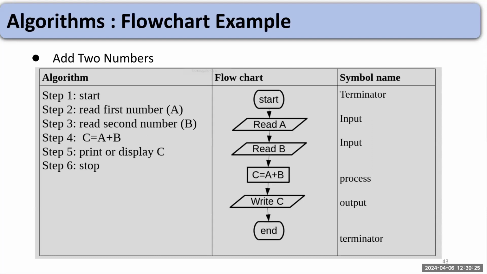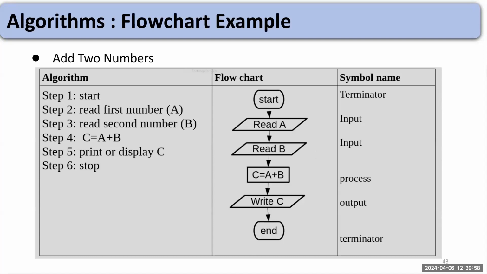Here, because of A plus B, we can input only numbers. Read B. B is another number. We can input two numbers, A and B. So in the process, the computer will add A plus B, and the answer should be saved to C.